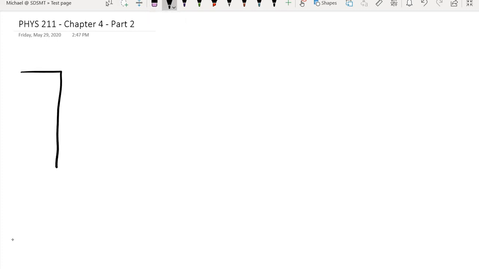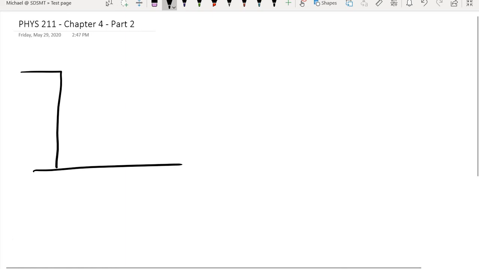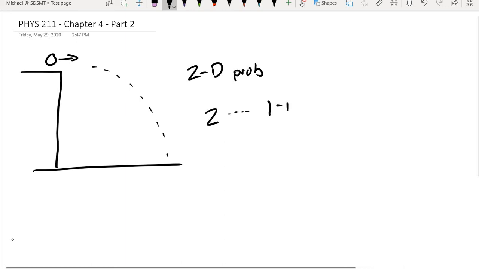So for right now, in Chapter 4, in the previous video we saw an example problem where we threw a rock off of the top of a cliff, and then we used the kinematics both in the x and the y directions to show us how we could solve for the system by breaking this two-dimensional problem into two one-dimensional problems.